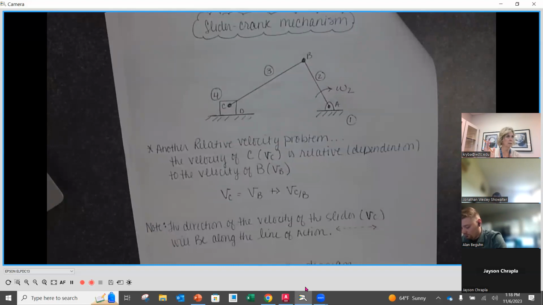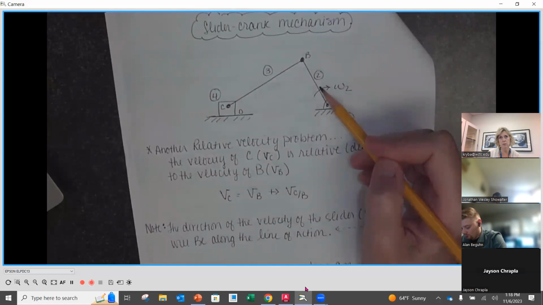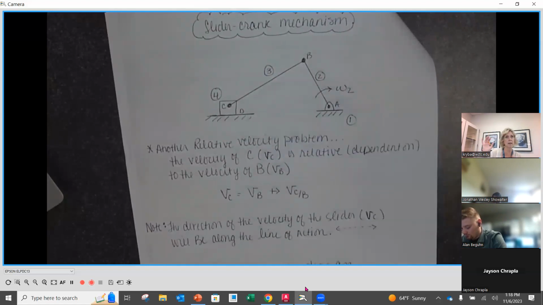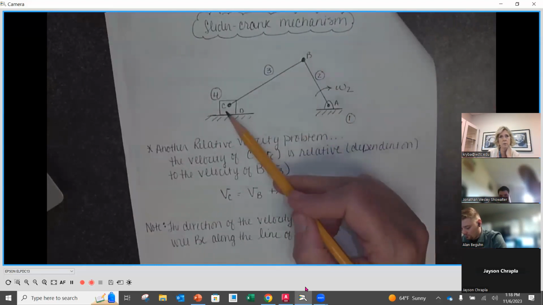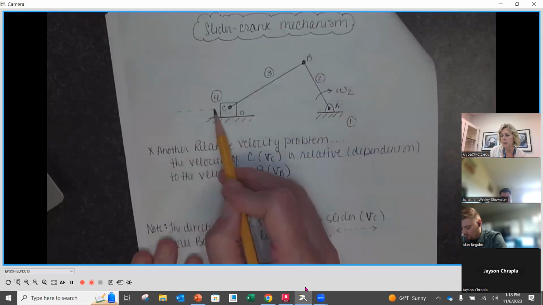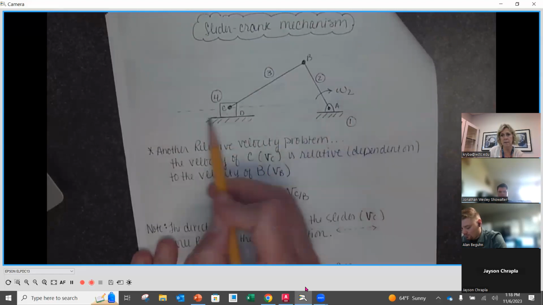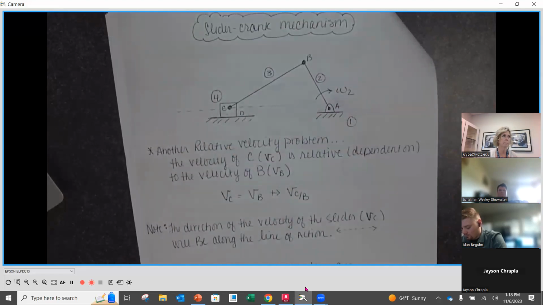There is not a rotational component there. There is on link number 2, because link number 2 can only rotate about the fixed center A. It has to rotate, connecting rod back to our slider, but our slider can only move along this line of action back and forth, okay? So it only has linear velocity.